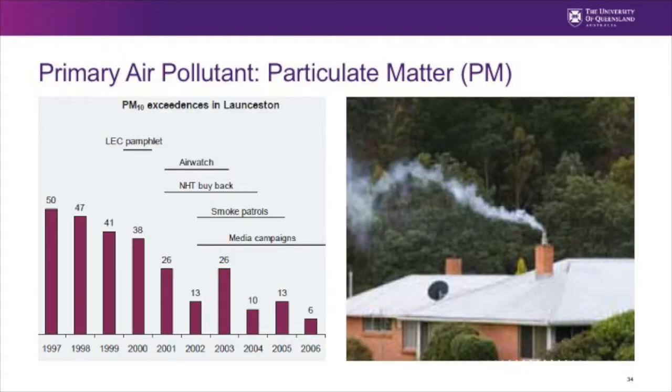Another example of air pollution associated with particulate matter is here in Launceston, Tasmania, where there have been exceedances of PM10 since 1997. This is mainly due to two reasons. One, Launceston is in a valley area that allows the entrapment of these pollutants during emission.